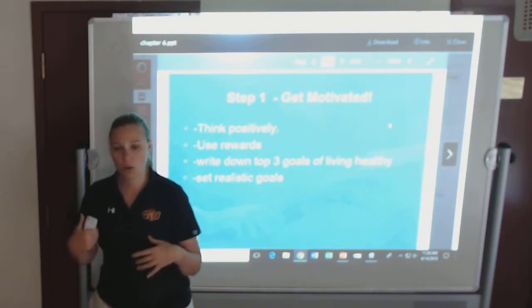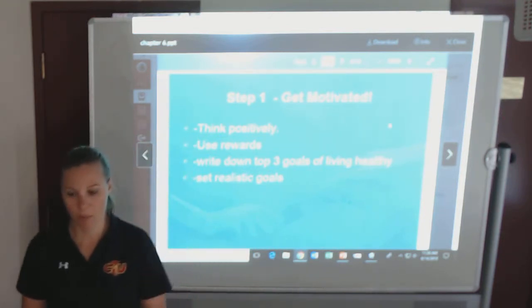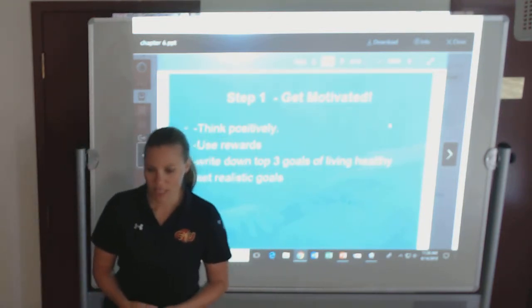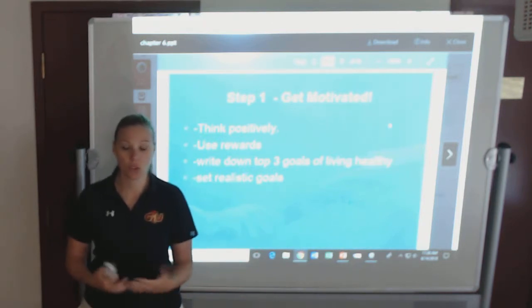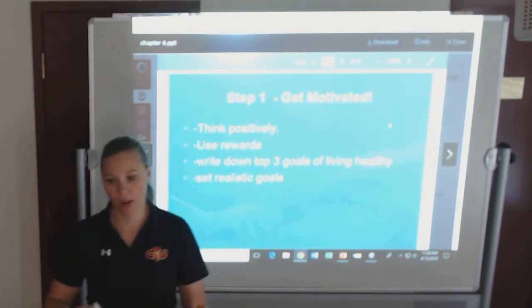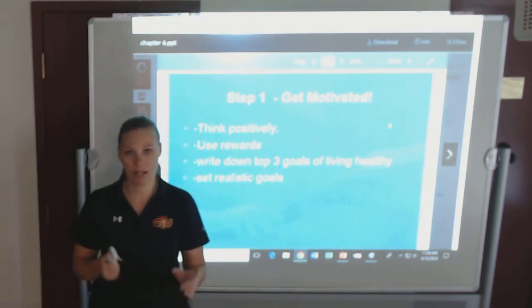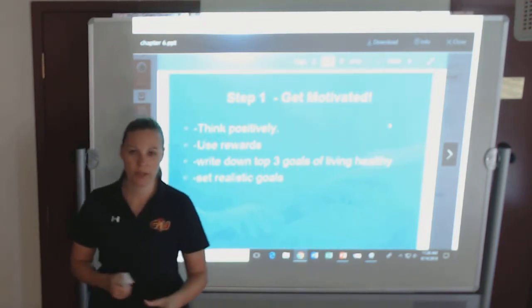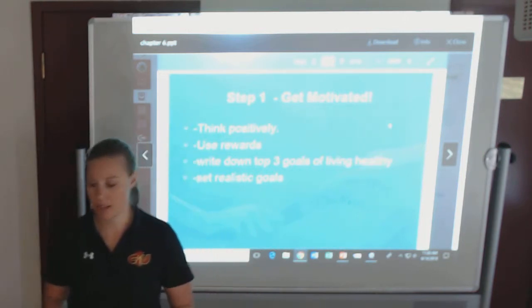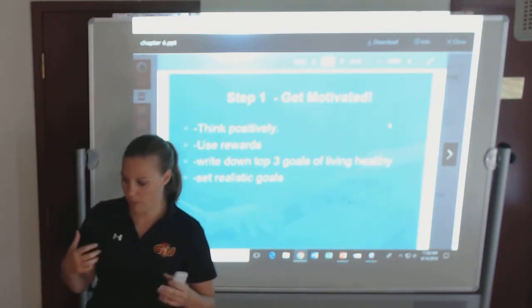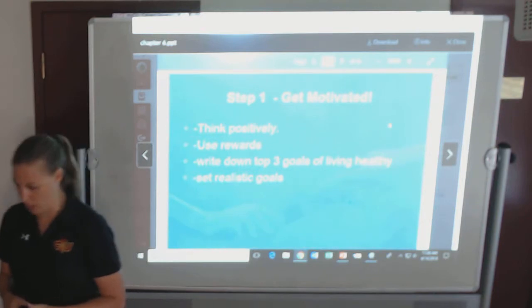Rather than set a goal of 20 pounds from May to August, set a goal of 15 or 12 pounds, and so that way you're able to attain that, and you can see that progress. And it might not be that immediate 2 pounds a week progress, but it's progress in and of itself, and it's not going to demotivate you.